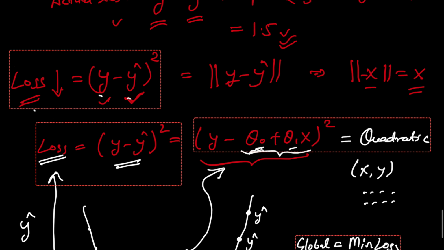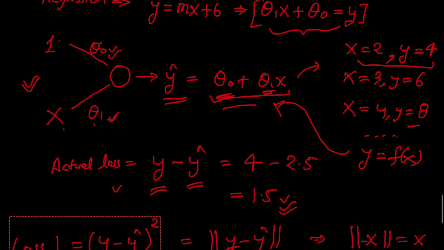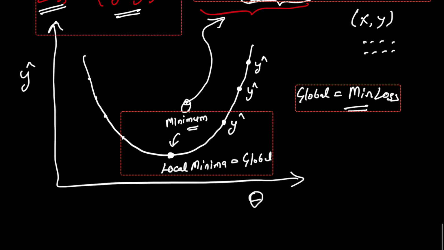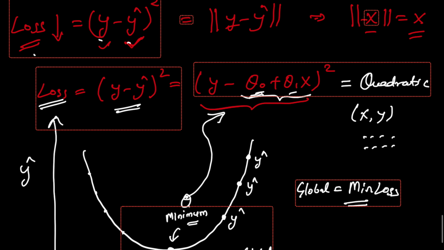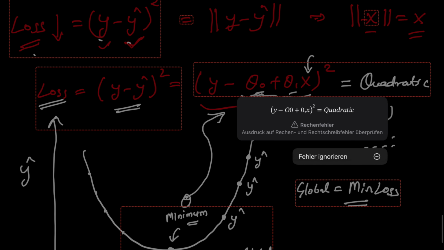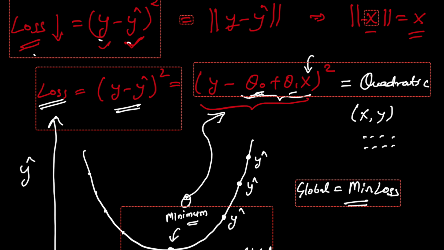That means you have defined a good neural network that actually does this linear regression. Now right now we just take one x, right? Like I said here, if you fix one particular x, and you take different values of theta naught and theta 1, you get this particular curve.